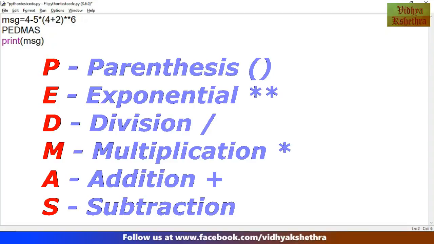That is, P is for parenthesis, E for exponential, that is the raised to, then division, then multiplication, then addition, and finally the subtraction. That is, at first the parenthesis, that is 4 plus 2, 6, then 6 raised to 2, then 5 into 6, then finally the subtraction.